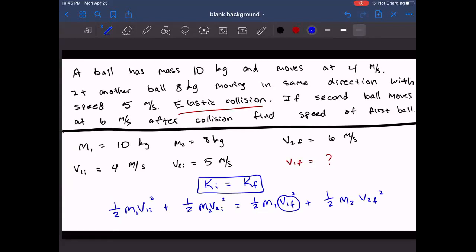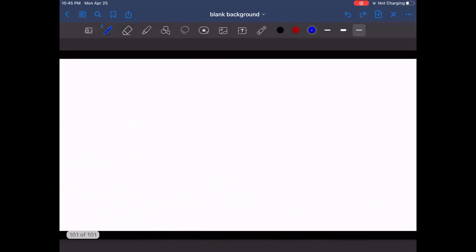So that's a bunch of algebra. We'll do it. Okay, good. I'm going to start this on a new page, and I'll have you do this one. M1 V1I squared plus M2 V2I squared equals M1 V1F squared plus M2 V2F squared. So what do I do?